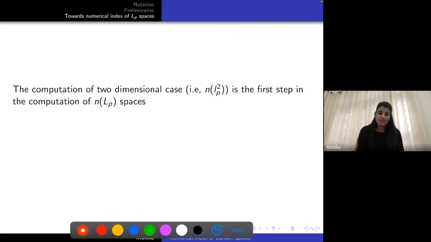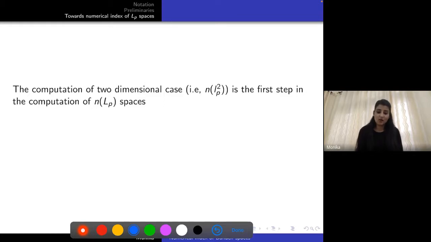Why? Because it's very reasonable to expect that the sequence of numerical indices of L_p^m is a constant sequence, as it happened in the case of 1, 2, and infinity. But we still don't know if this sequence is constant.